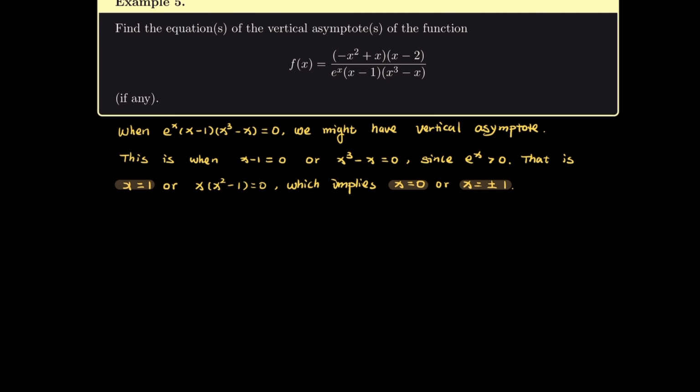As we mentioned before, those are just candidates, so now let's check if they're actually vertical asymptotes. To do that, we need to check, as f of x approaches those 3 points, is my limit infinity. Let's do the first one: the limit as x approaches 1 of f of x.